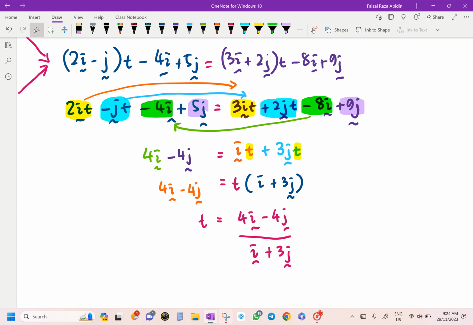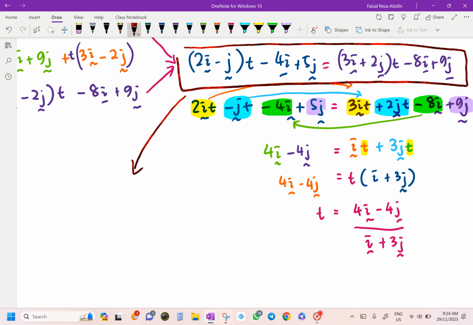So you akan dapat dekat sini 2I dengan 4I means that is gonna be 2t minus 4. Sebab dia satukan I. Ni dengan ni. Nampak tak? Dia nak samakan I. Dia tak ambil T tu.